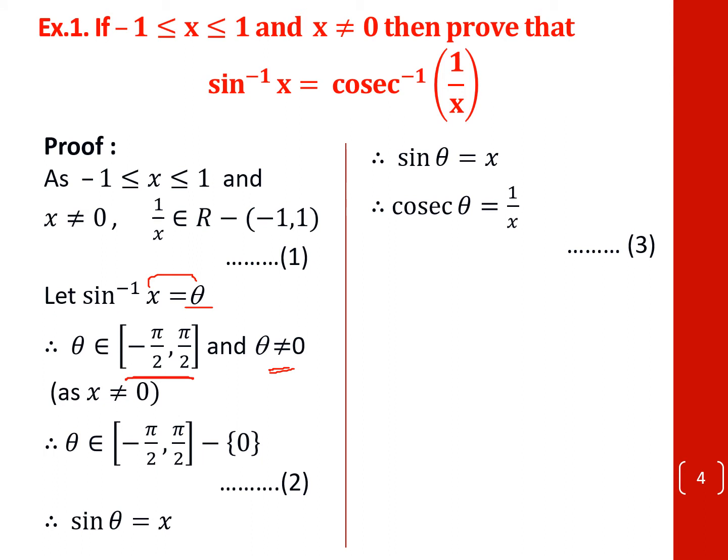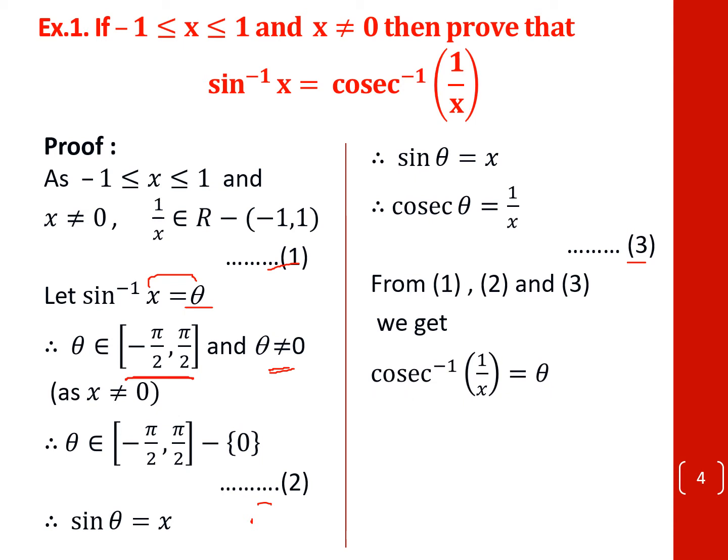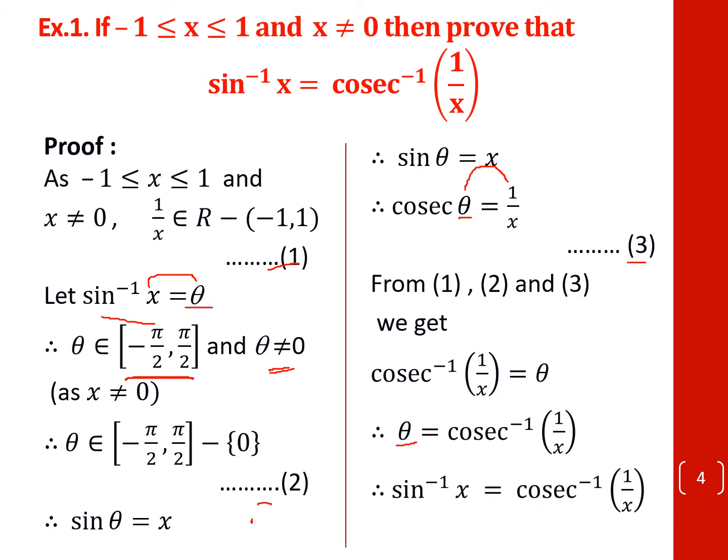Now from 1, 2 and 3, we get cosec⁻¹(1/x) = θ. Therefore, θ = cosec⁻¹(1/x). Now what is our θ? θ is nothing but sin⁻¹x. Therefore, sin⁻¹x = cosec⁻¹(1/x). Hence, proved.